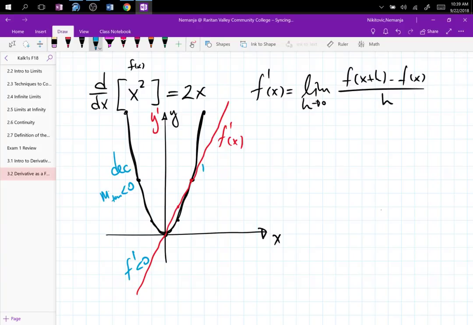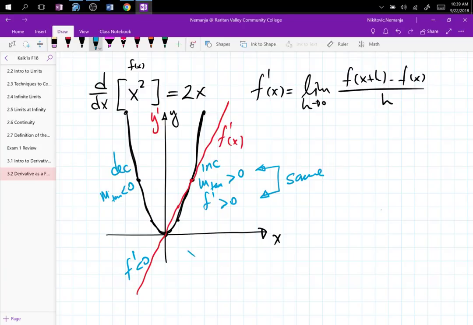Where your function is increasing, then your m tangent is larger than 0, and your derivative, f prime, is larger than 0. You have to immediately link these two and understand that they are the same. It's just a different wording for the same concept. Whether we are talking about the tangent line slope or the derivative, that's the same, right?